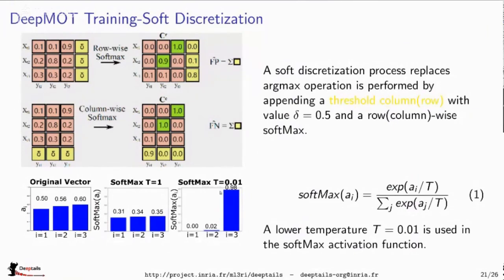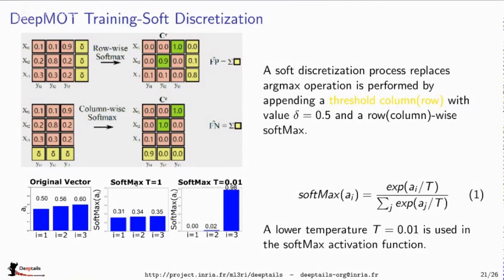But using the default softmax function with the temperature equal to 1, sometimes there is a problem. For example, in this example, we have a vector of 3 values that are close to each other.